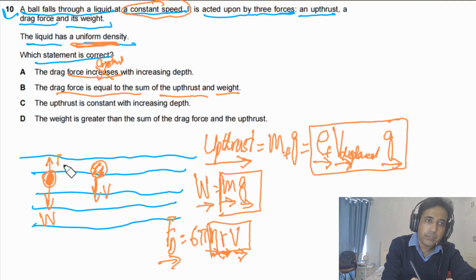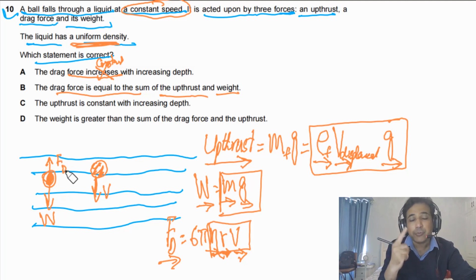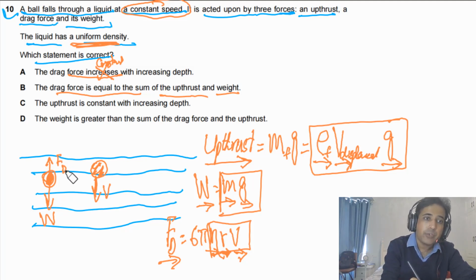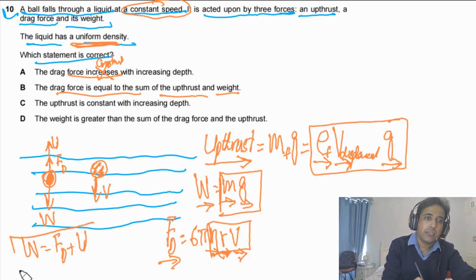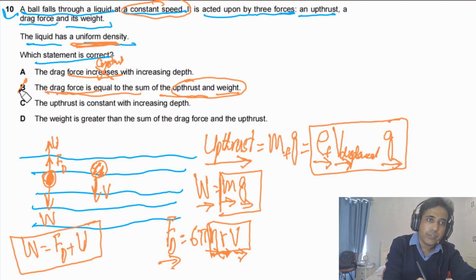So this is the drag force, and upthrust is always in the upward direction, so this is upthrust, and this is up. So in this case weight is equal to drag force plus upthrust. This is another point you need to understand. And this option, telling us drag force is equal to the sum of upthrust and weight, is incorrect.